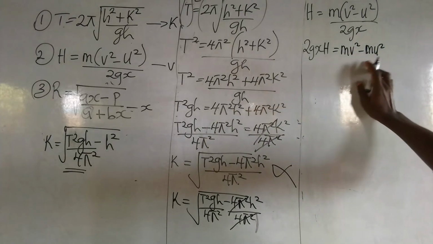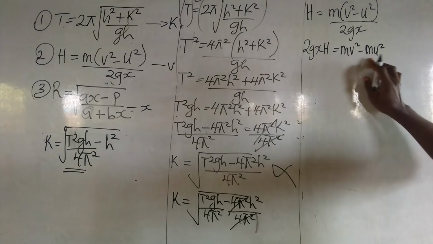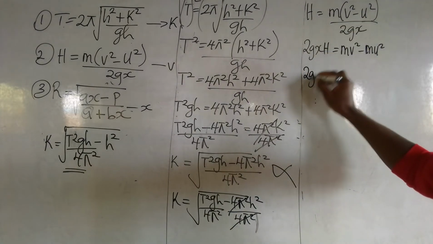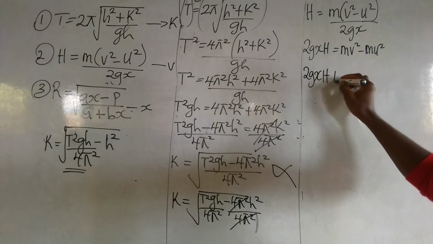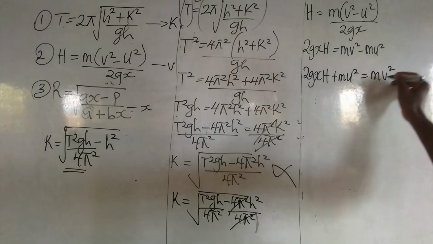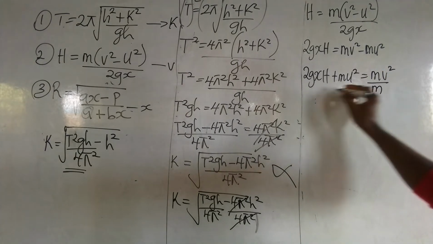Now since you are making v the subject of the formula, this mu squared is crossing. It becomes 2gxh plus mu squared equals mv squared. So we divide both sides by m.